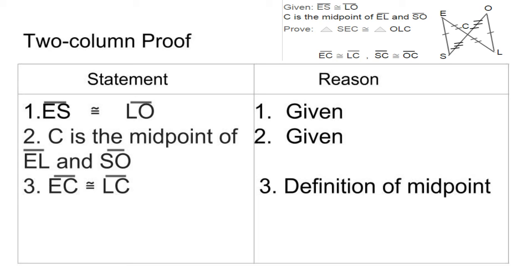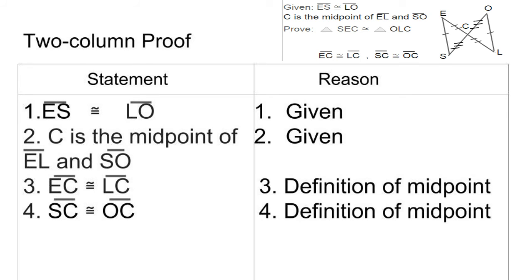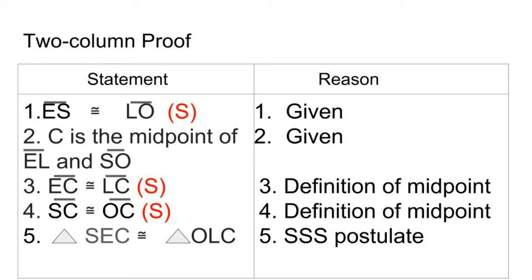And also for number 4, segment EC is congruent to segment OC. Again, definition of midpoint. We already have three corresponding sides congruent. Therefore, triangle SEC is congruent to triangle OLC. The reason is SSS postulate.